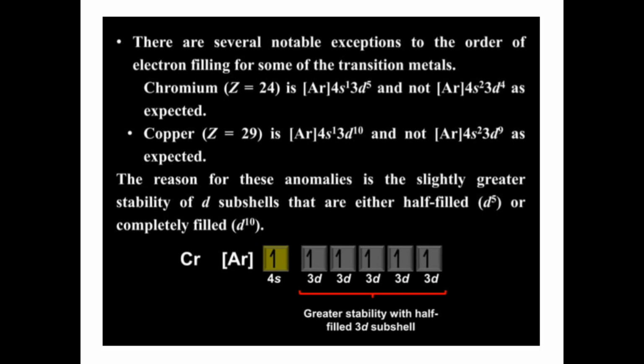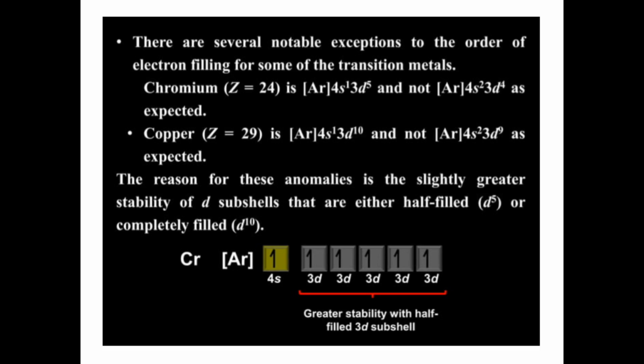Now the discrepancies, or the anomalies that we experience here, is because the d subshell is a bit stable and higher in energy than the 4s.